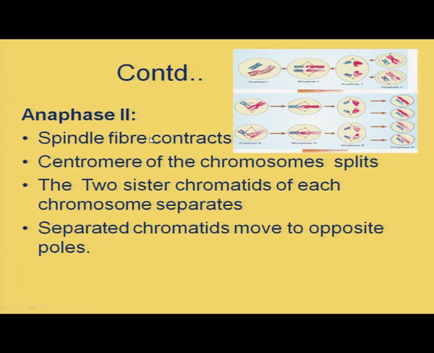So, spindle fiber will contract. Contracted spindle fiber will carry the chromatids to opposite poles. That means the centromere of each univalent chromosome will split, and the two sister chromatids of each chromosome will separate and move to opposite poles. So, this phenomenon is the Anaphase 2. Equal number of chromatids you can see here in each pole.